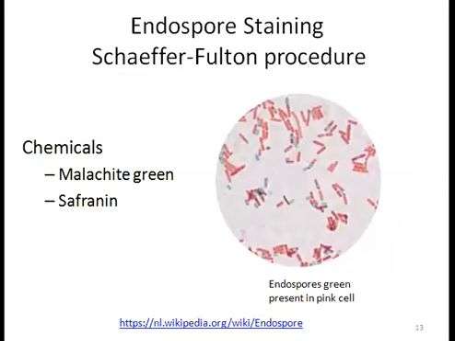Next is the endospore staining, and it is also called Schaeffer-Fulton procedure. An endospore is a resistant structure produced by some bacterial genera, for example, Bacillus and Clostridium. It helps the bacteria to survive under unfavorable environmental conditions.